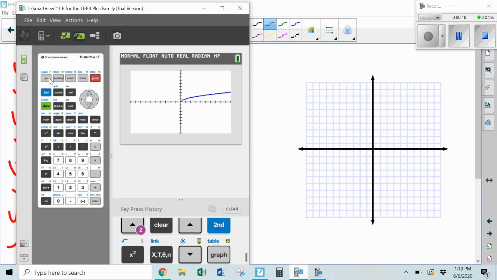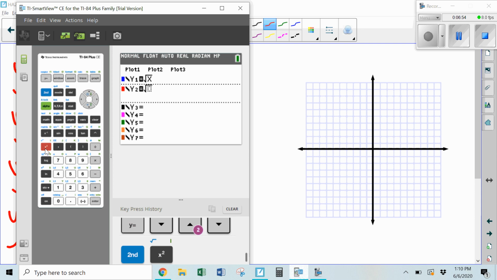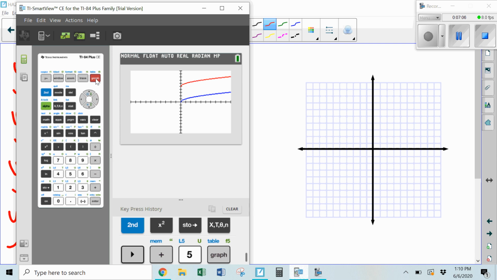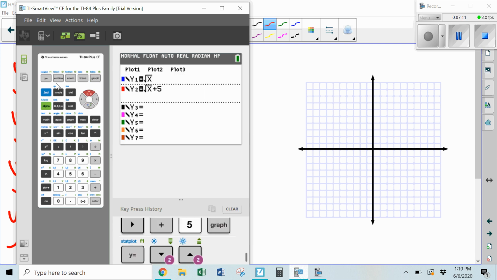Go back to your y equals. Type it again under y2. Square root x. And then arrow over so there's no root anymore and put plus 5. Graph. Moves it up 5. Change that plus 5 to a minus.